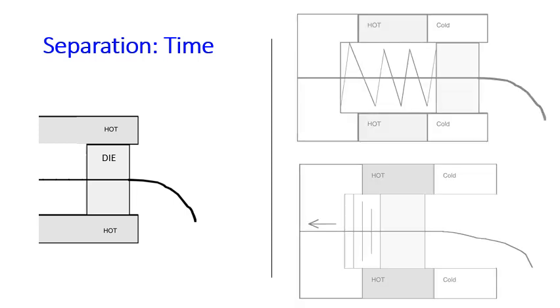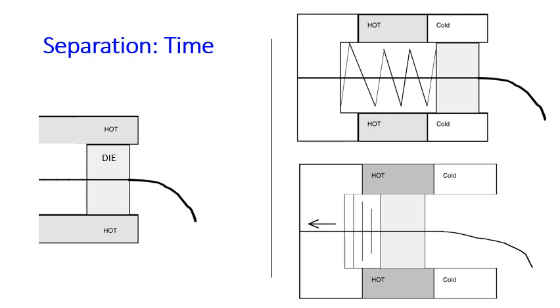So one of the solutions is that, okay, let's put a spring in front of the die. Here in the bottom part, if the wire feed is going on, meaning the wire is pulled, then the spring will be compressed, and now the die is in the hot area. However, if the process stops here, there's no wire feed going on, then the spring is relaxed and you see the die is in the cold area.